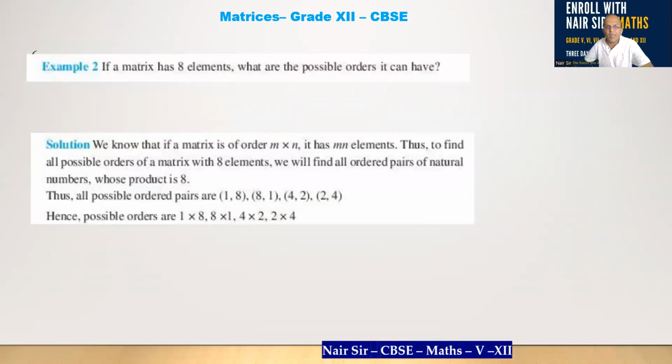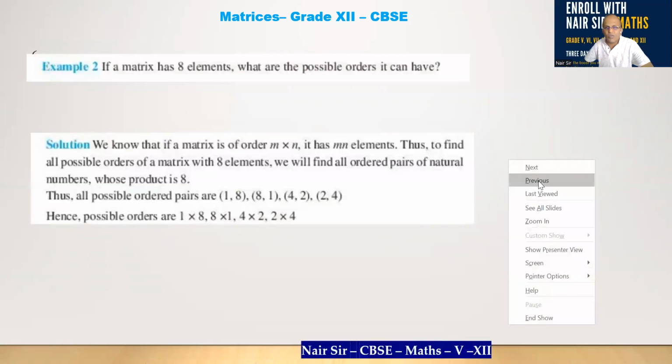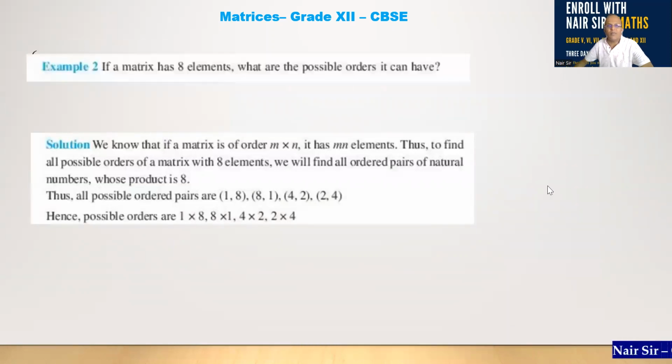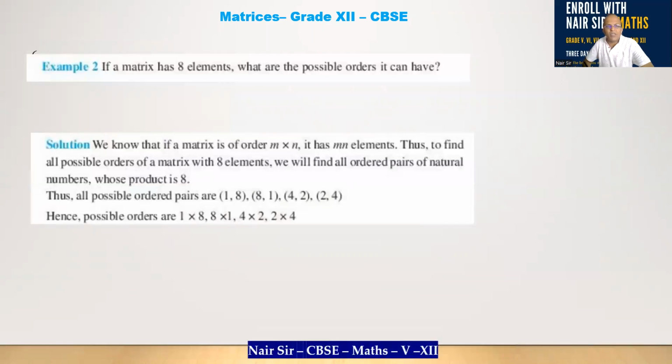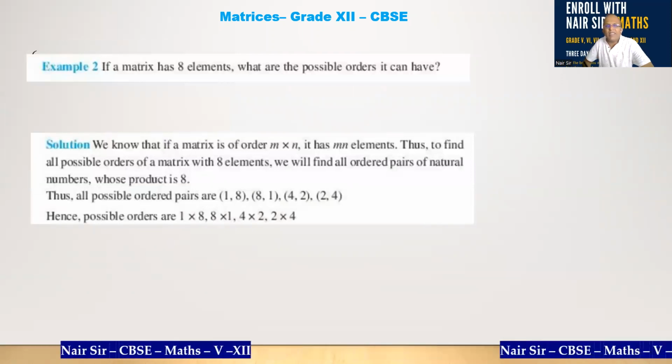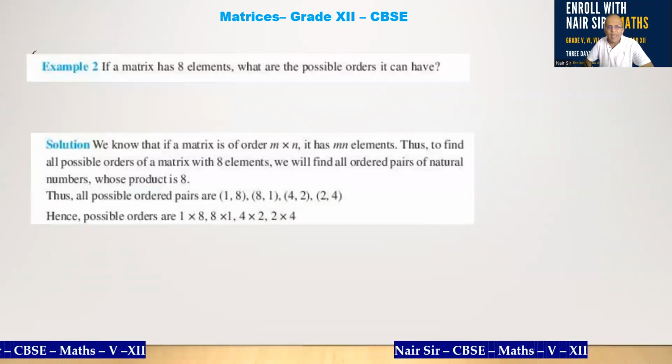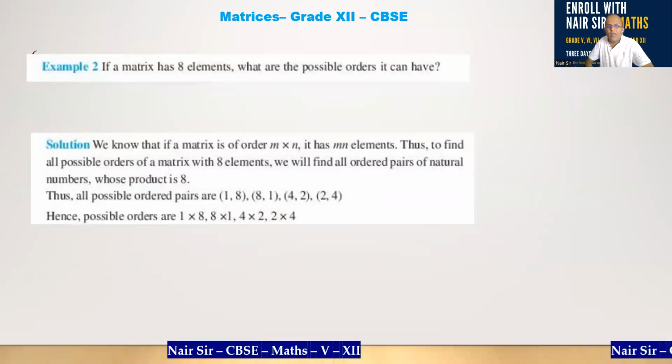Oh, 1 minute. I think I should go with some small example. Okay, let's do it. You got the answer, so I will not take much time on this. If a matrix has 8 elements, let's say there are 8 elements: 1, 2, 3, 4, 5, 6, 7, 8.